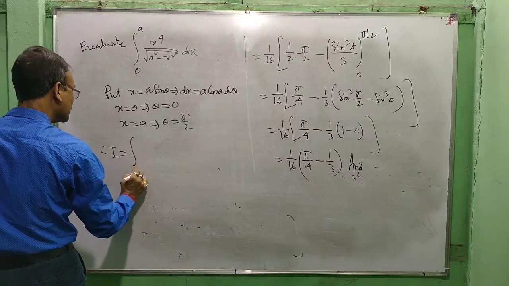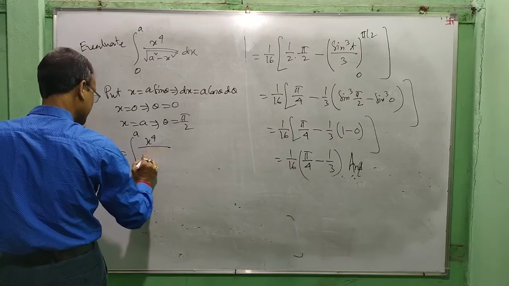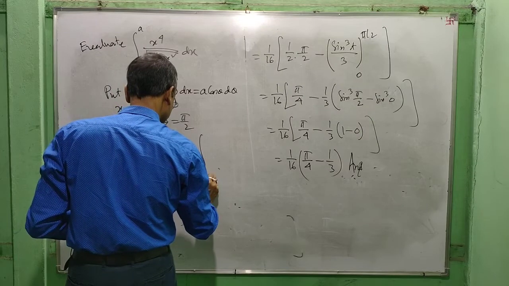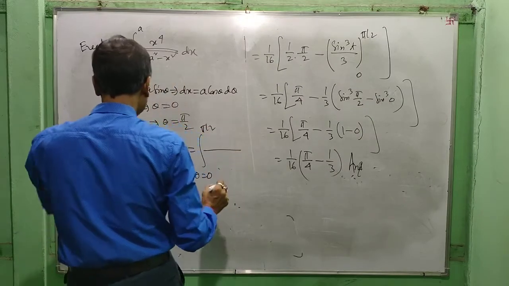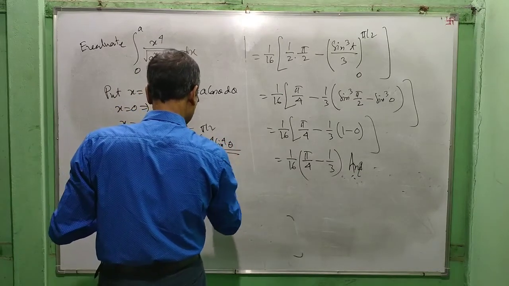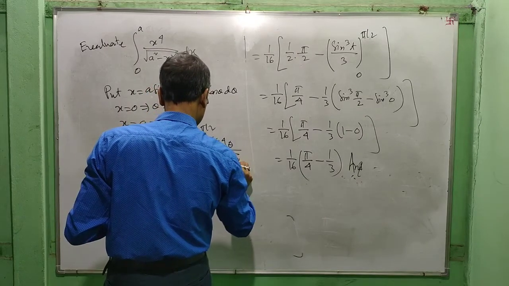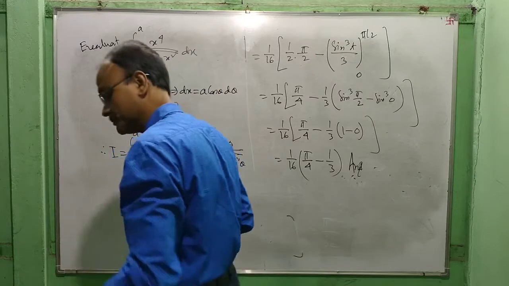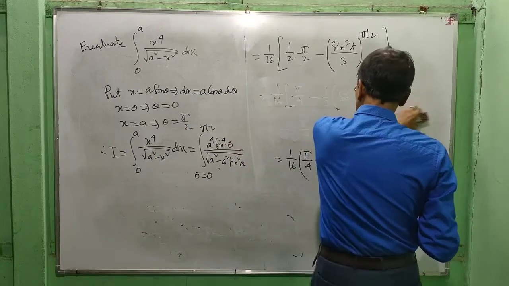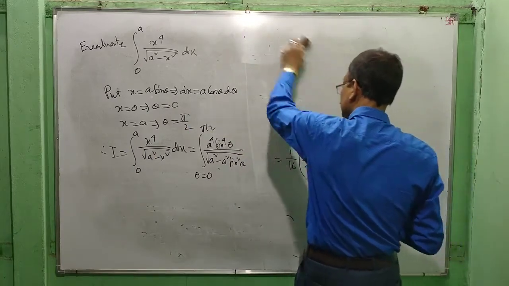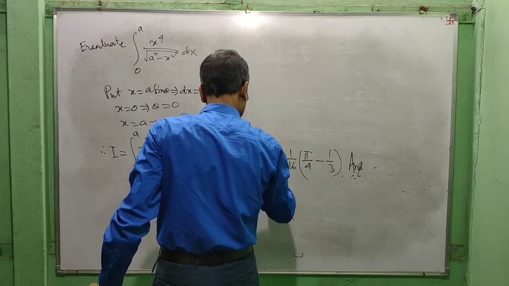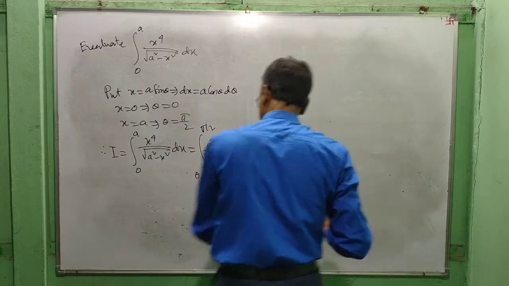Therefore, the integration from 0 to a of x to the power 4 divided by root over a square minus x square dx equals the integration from theta equal to 0 to pi by 2 of x to the power 4, meaning a to the power 4 sin to the power 4 theta, divided by root over a square minus a square sin square theta, and dx is a cos theta d theta.